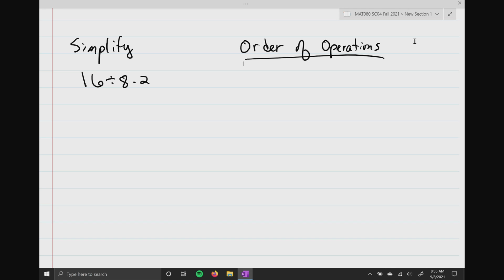I'm telling you, math is a simple subject. All you got to do is study the rule. And the rule is what we're going to go over right now. Once you know this rule, it doesn't matter what problem I give you. You follow the steps. That's it. So, order of operations. This is how I like to write it.